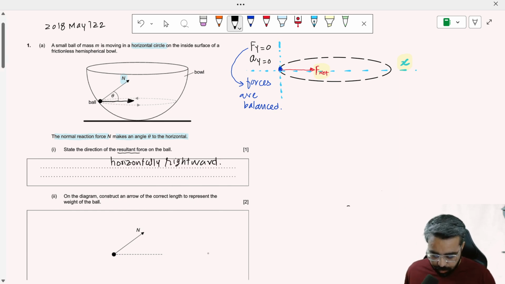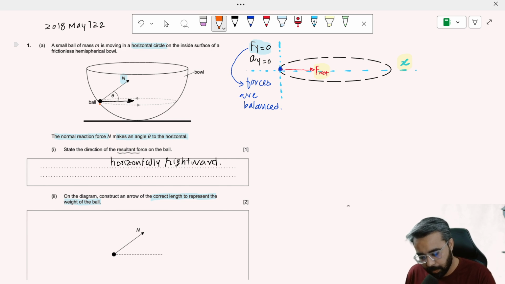Our next question is: on this diagram, construct an arrow with the correct length which represents the weight of the ball. When I told you the net force along the y-axis is 0, it means that in this diagram, because we know the weight is always vertically downward, how long a vector you should draw depends upon the vertical component of the normal force, the second force exerted on this ball.